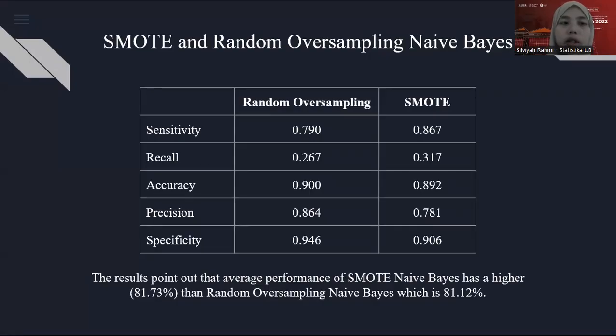This is our result for the comparison of classification between SMOTE and random oversampling naive Bayes. We have sensitivity tending to SMOTE, recall tending to SMOTE, accuracy tending to random oversampling, precision tending to random oversampling, and specificity tending to random oversampling.